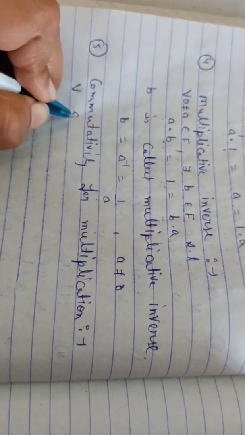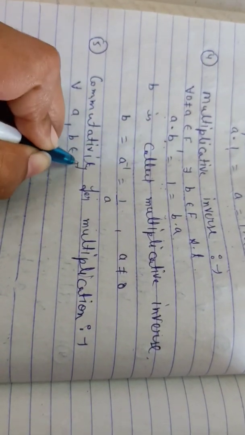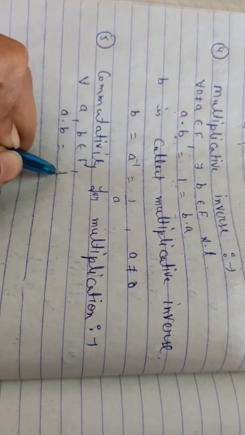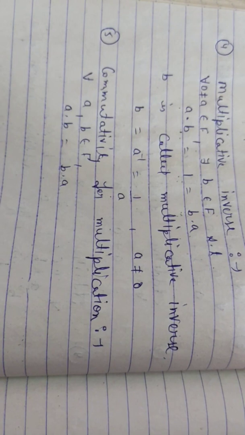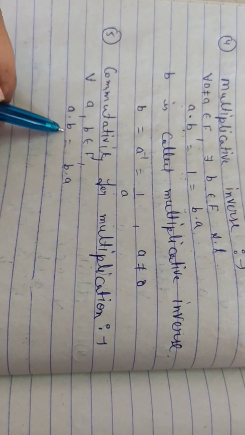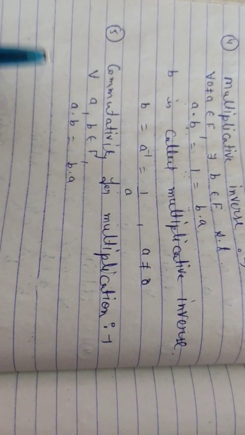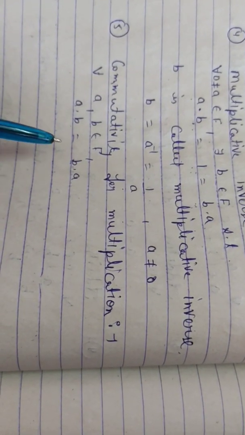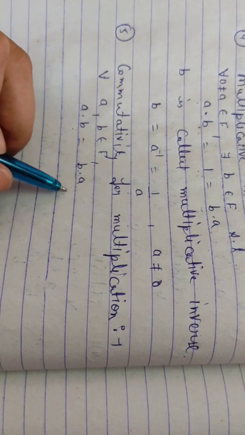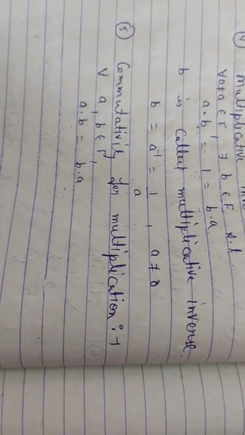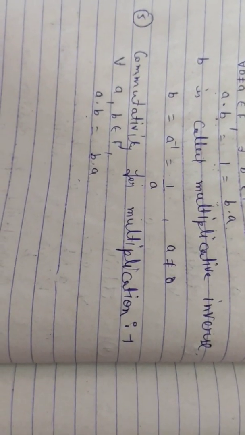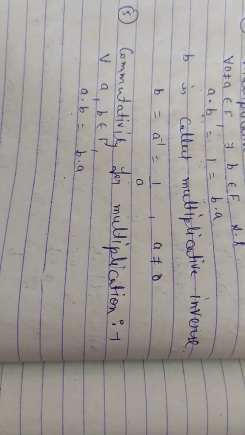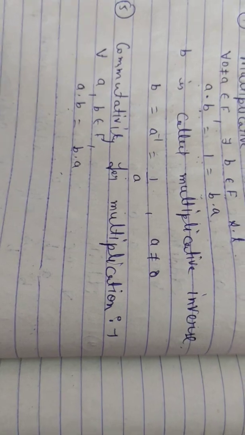For each a, b belonging to F, a · b is equal to b · a. Commute means if we change the order of these elements, then we obtain the same result: a · b is equal to b · a. That means elements of F satisfy the commutative law for multiplication. This is the commutativity for the multiplication operation.